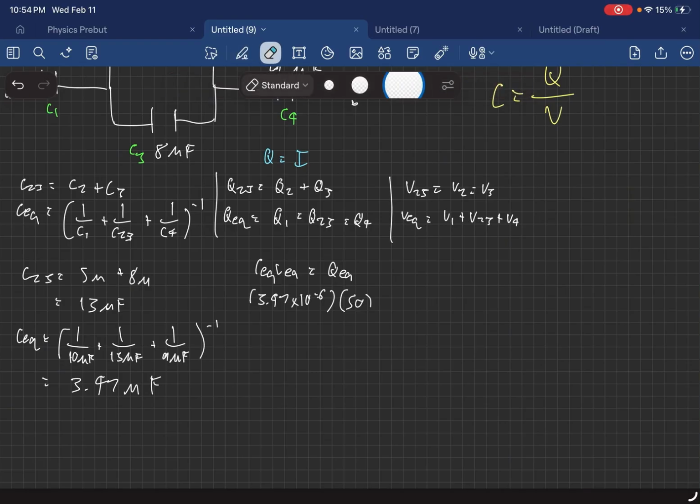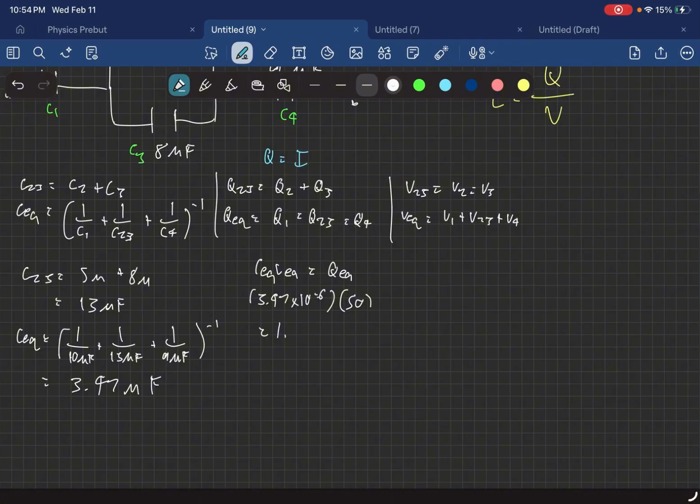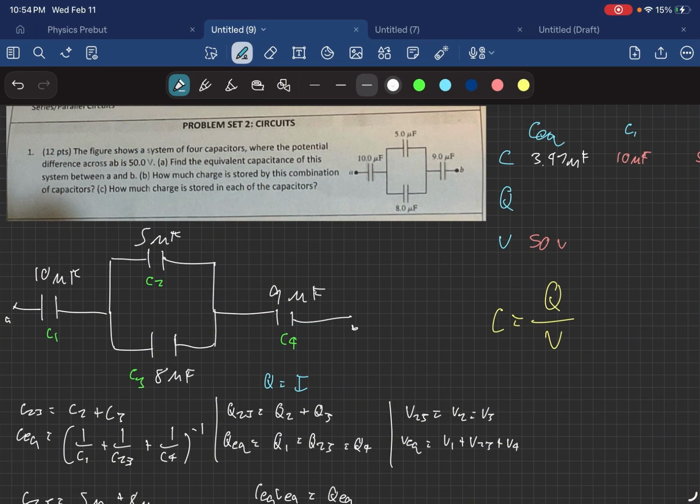Okay, QEQ is equal to 50 times 3.47 times 10 raised to -6, which is equal to 1.735 times 10 raised to -4 coulombs. Don't forget coulombs.